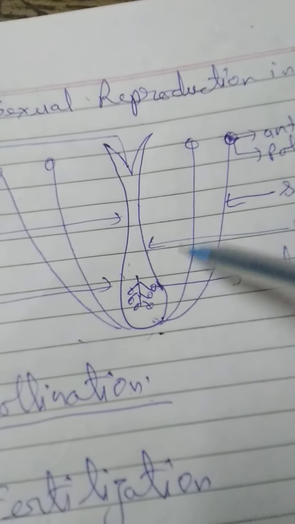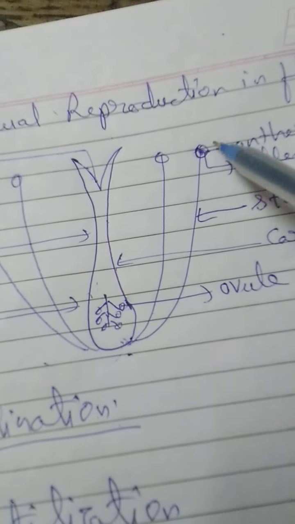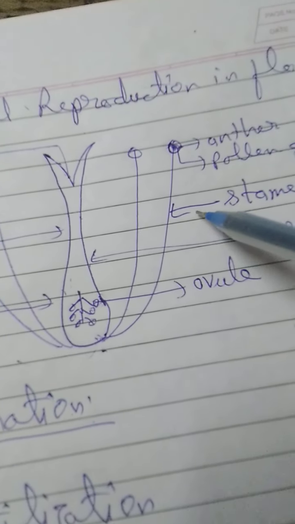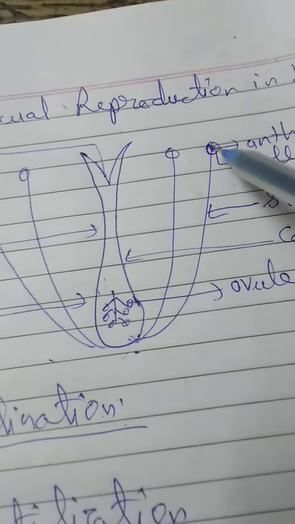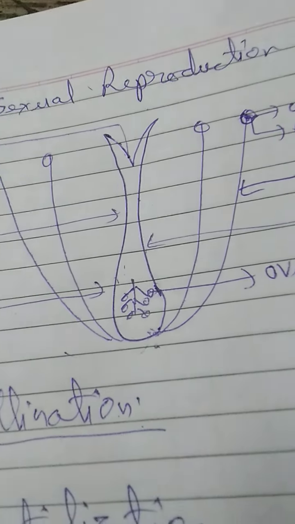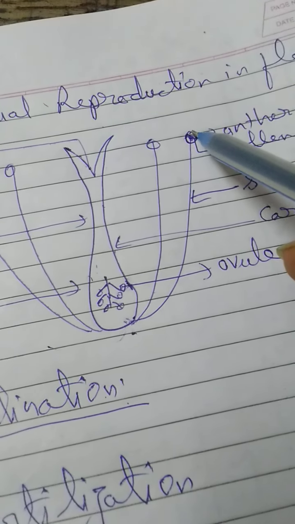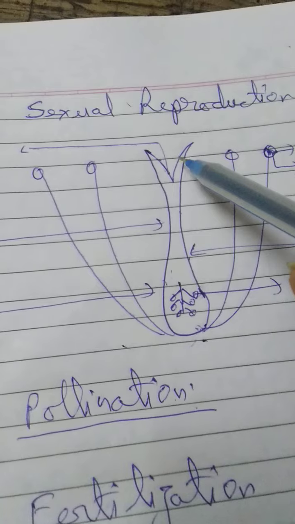And these are the stamens, the male reproductive parts. The top swollen portion is called anther, which contains the pollen grains. And then this is the extension of the stamen. First of all, the pollen grain from the anther has to be placed on the stigmatic surface of the carpel.